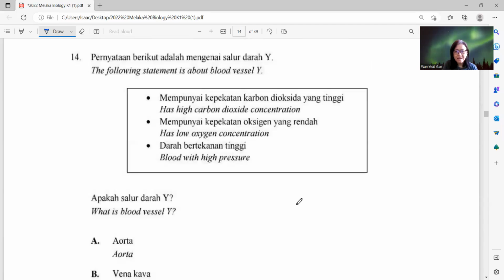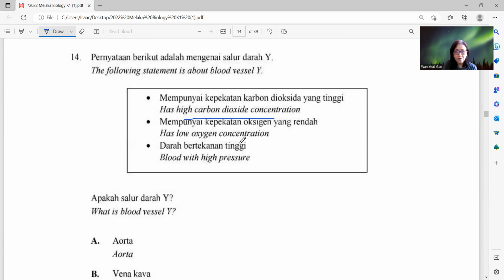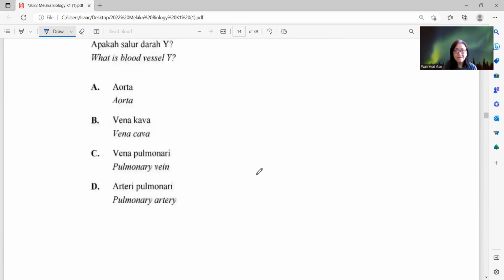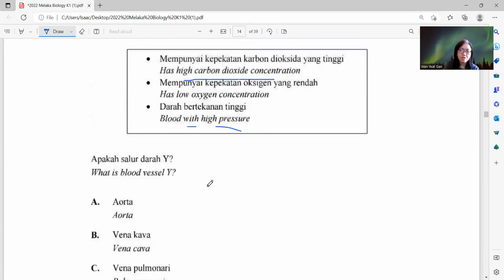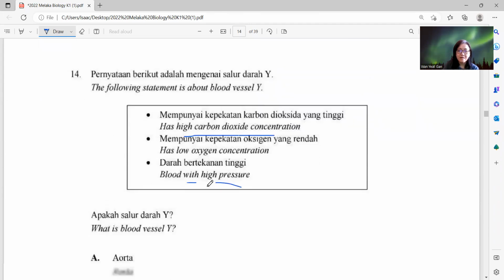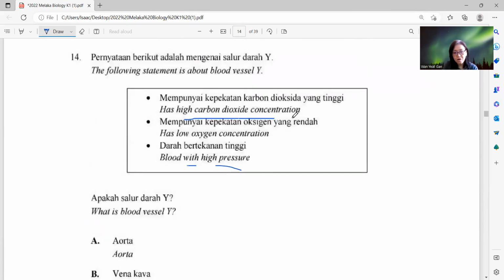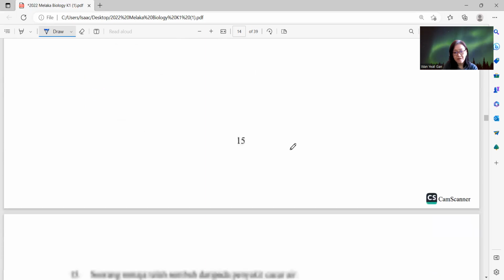It's the pulmonary artery, because the pulmonary artery is the only artery that transports deoxygenated blood from the heart to the lung. So it has a high concentration of carbon dioxide.